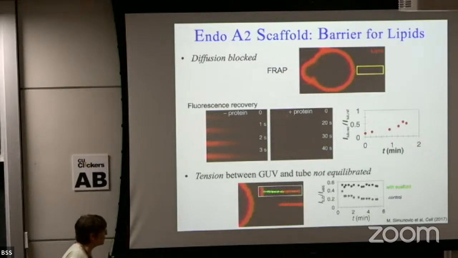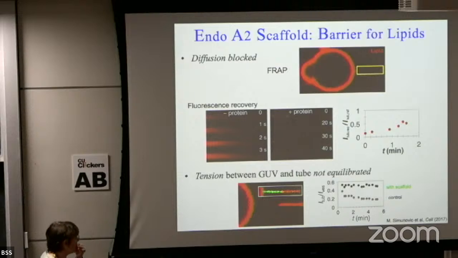Now what we can do is, you have the tube, you have your scaffold here, and you can change the tension. You don't extend the tube, but you can change the tension. If you have no protein, the tension will be equilibrated very rapidly because, thermodynamically, the tube radius will equilibrate to reach the diameter fixed by the tension. But if you have something which perturbs the diffusion, you will see that the tension is not equilibrated.